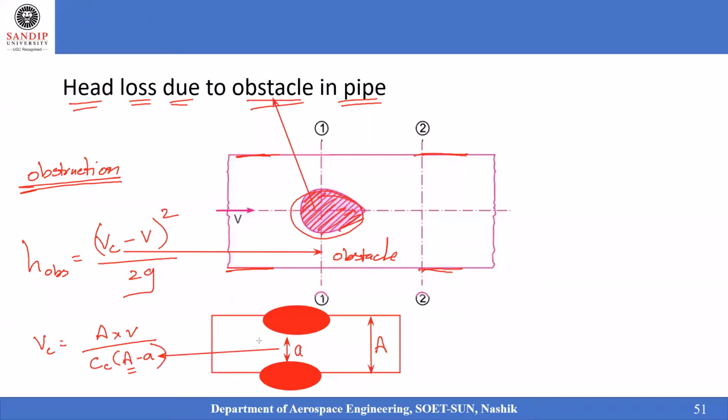That area is referenced by small a, and Cc represents the coefficient of contraction.